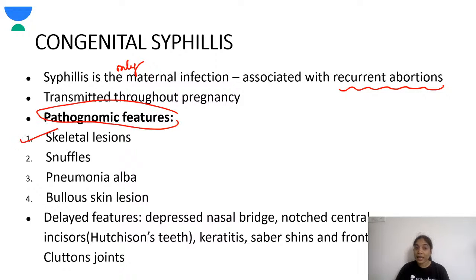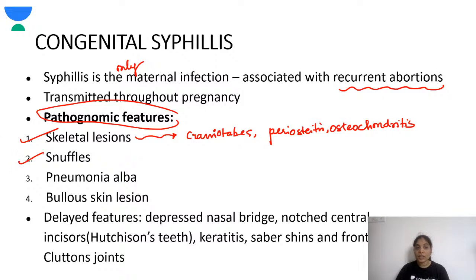There are skeletal lesions. What are the skeletal lesions? There could be craniotabes, periostitis, osteochondritis in these children. Then there is snuffles. Snuffles is called syphilitic rhinitis.